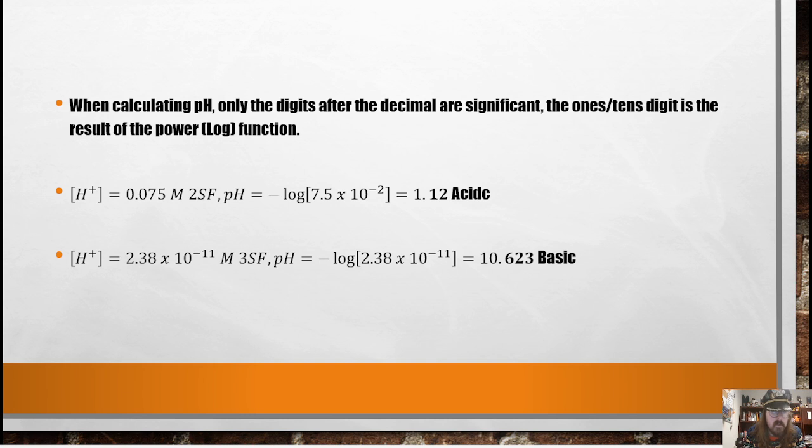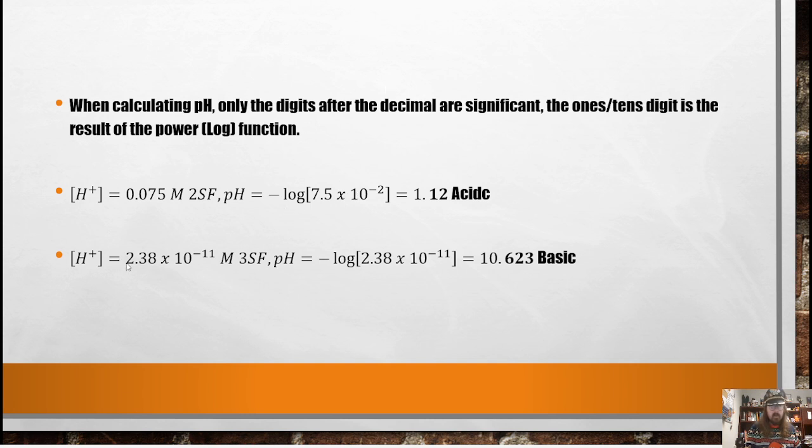So if I have a concentration of 0.075 molar, which is the same as 7.5 times 10 to the negative second, when I take the negative log of this, I'm going to get a number that's 1.12 something something something. Now I should round it to 1.12 because I have 7.5.